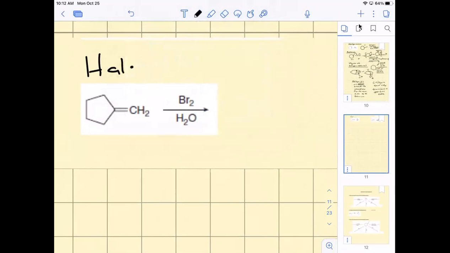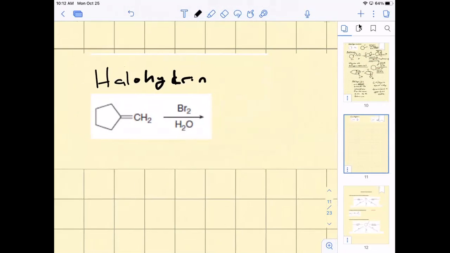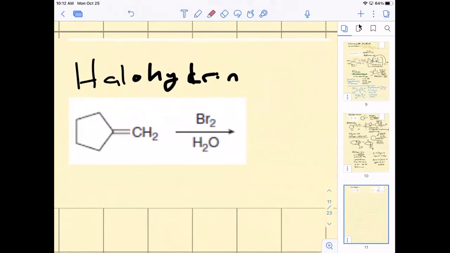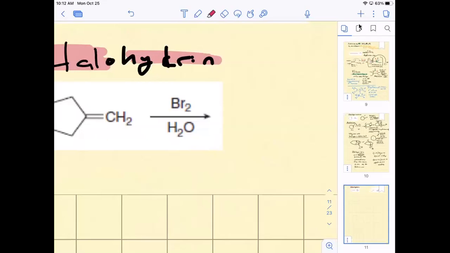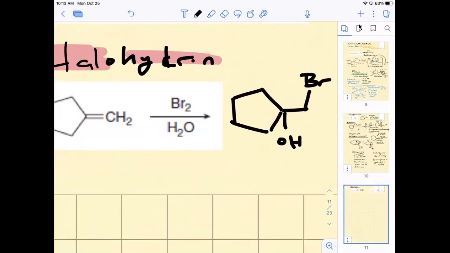a halohydrin formation. All right, and so it's a halohydrin because the halo is for halogen. So you're gonna add a halogen, and then hydro is for water, right? You're not really adding water, you really end up adding OH. And so for this, the product looks like this, right?